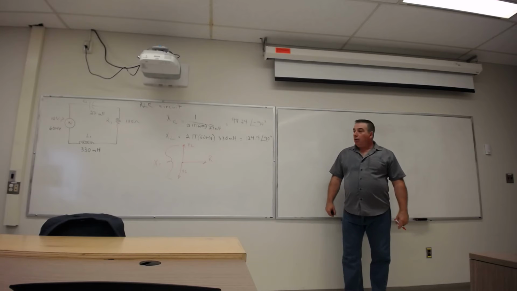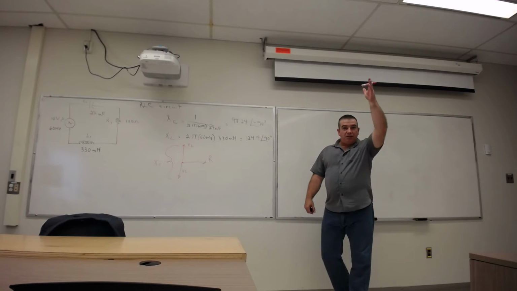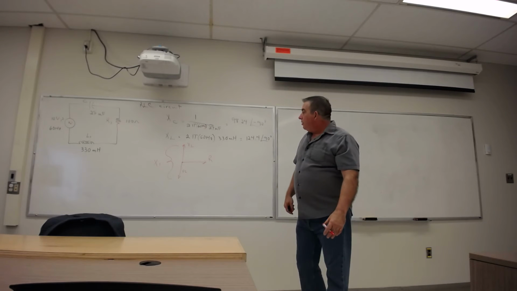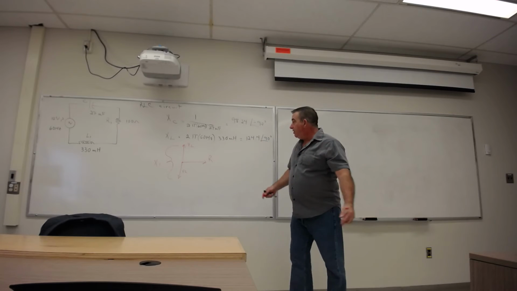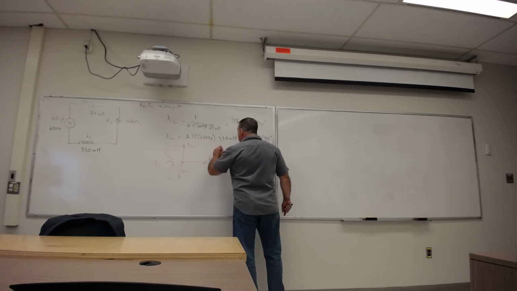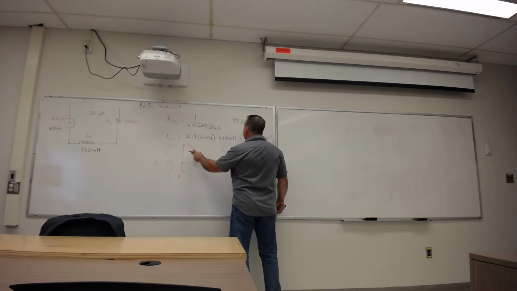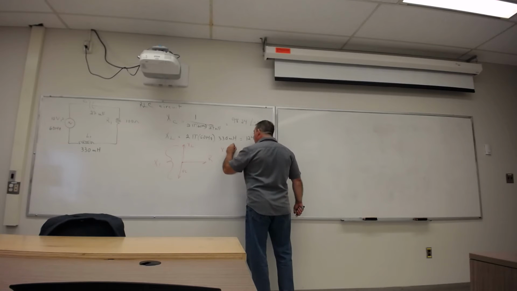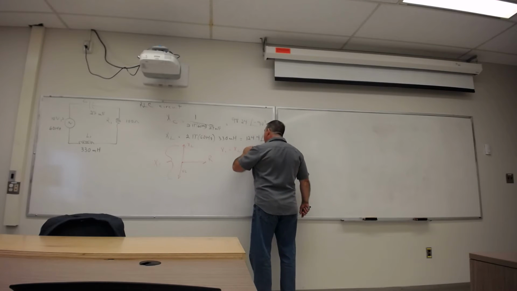All right? Because they're in the same plane, they're just one against the other. So the easiest thing to do is to say X1 is going to be, well, which one's the biggest one? Biggest one is XL. So we're going to go XL minus XC.